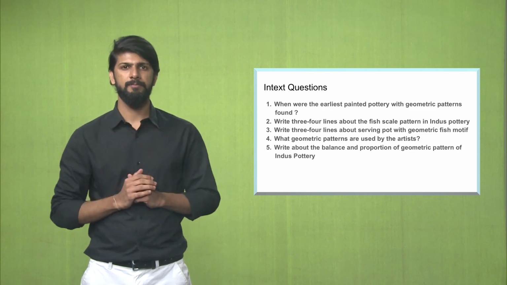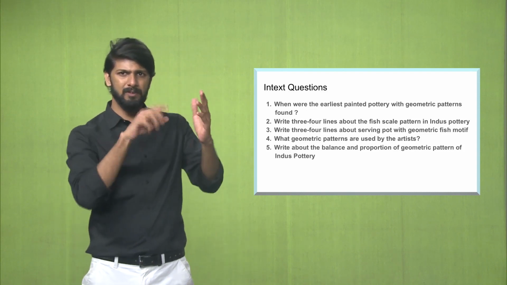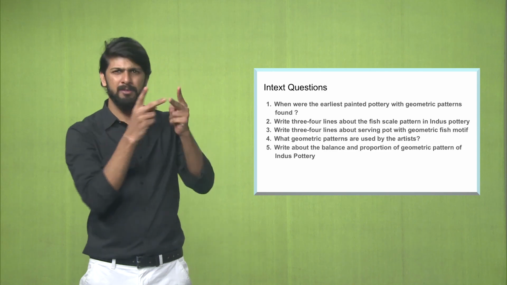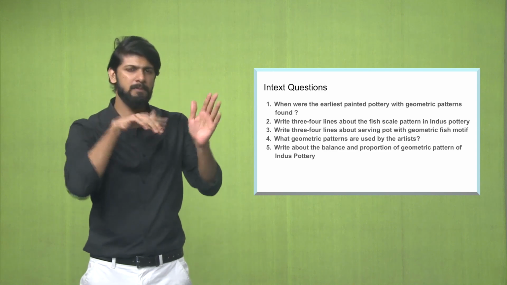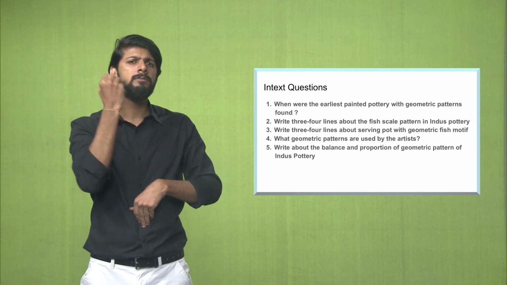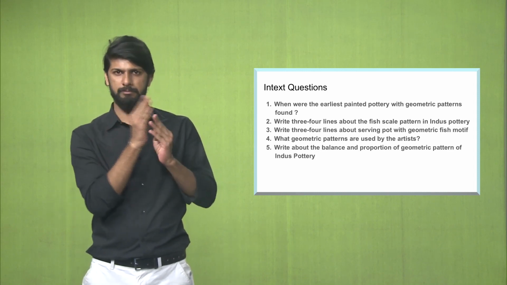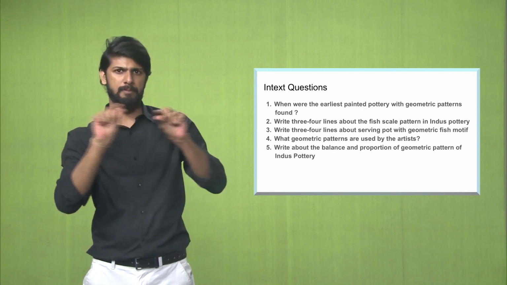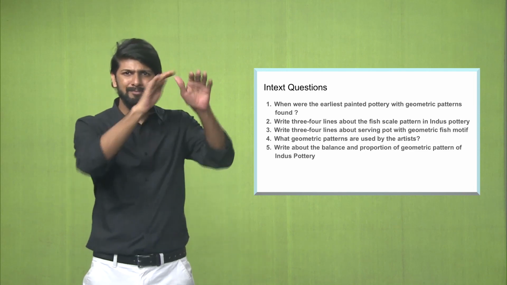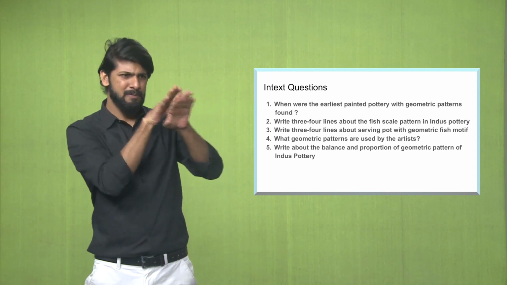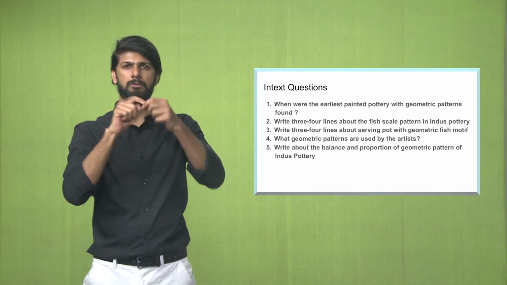The second set of questions now. Question number 1. When were the earliest painted pottery with geometric patterns found? Question number 2. Write 3 to 4 lines about the fish scale pattern in Indus pottery.